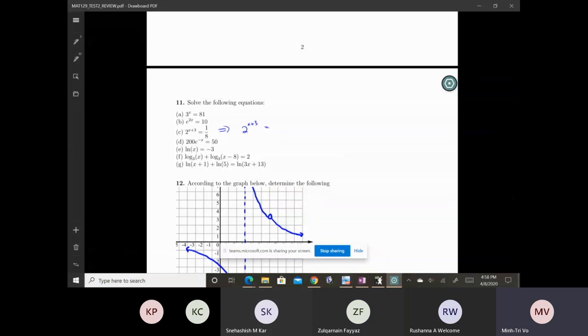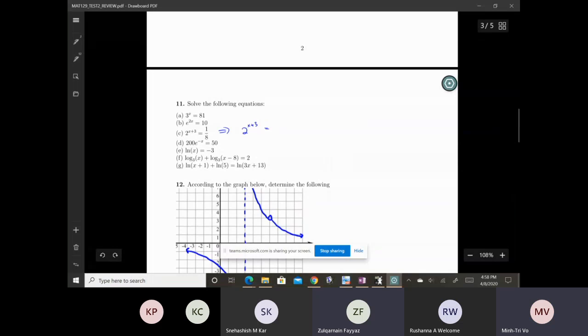But because we're working with exponentials, we want the base to match up. So I need to write this as 2 to some power. How do I write 1/8 as 2 to some power? Two raised to the power minus 3. Right, so 1/8 would be 2 to the minus 3 power.